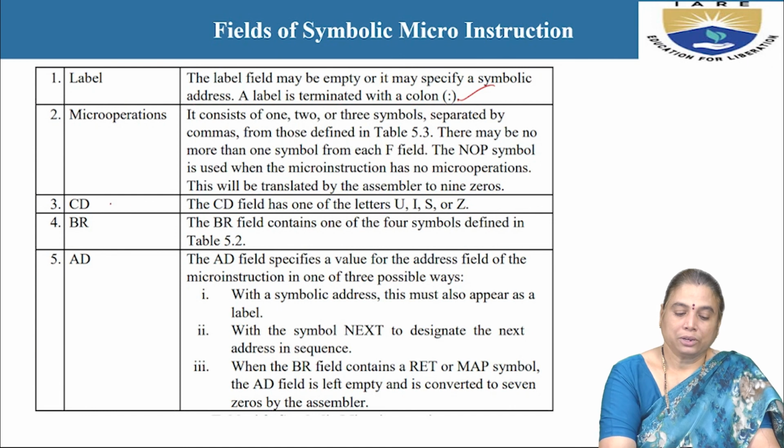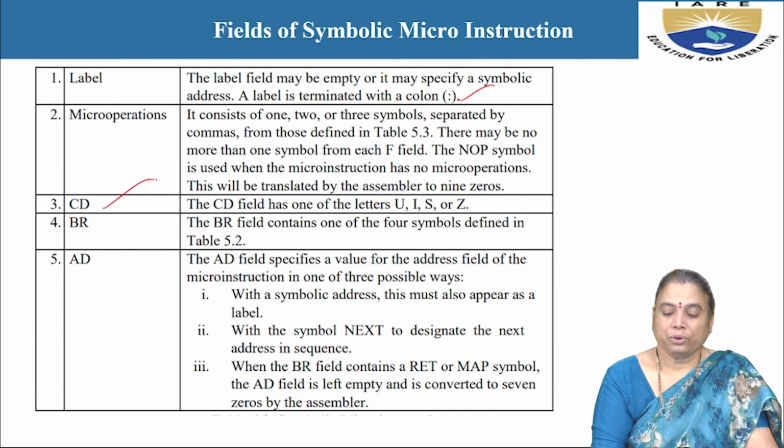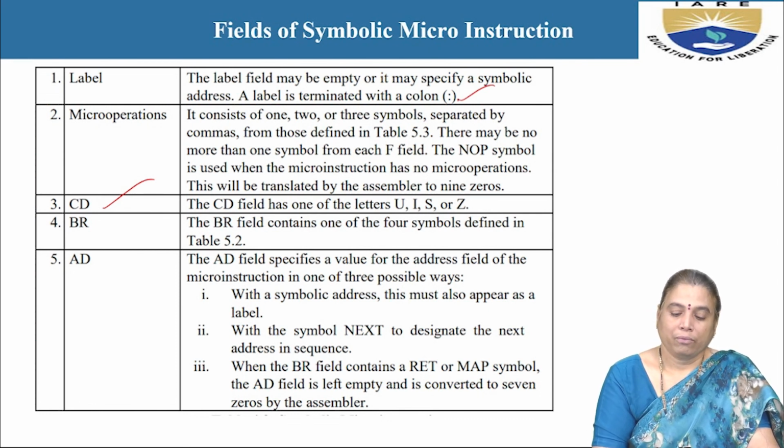Next is the condition field, which can be used to perform the condition checking with the help of status bit values in the status register. So here the sign bit and Z bit values can be checked.